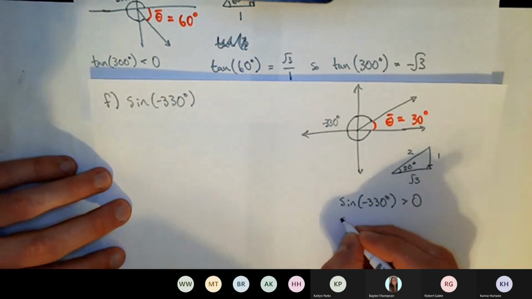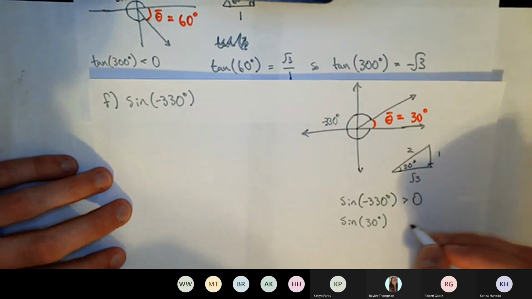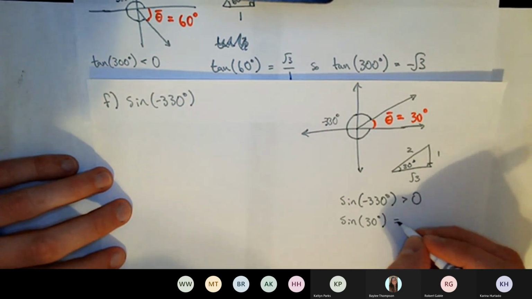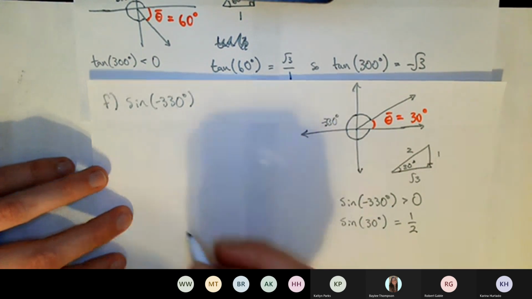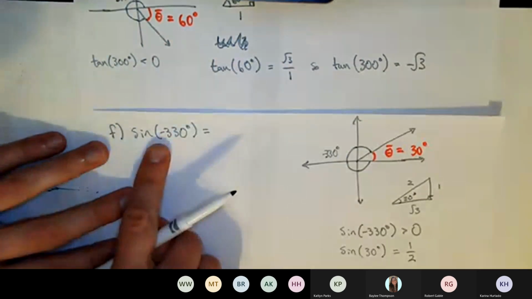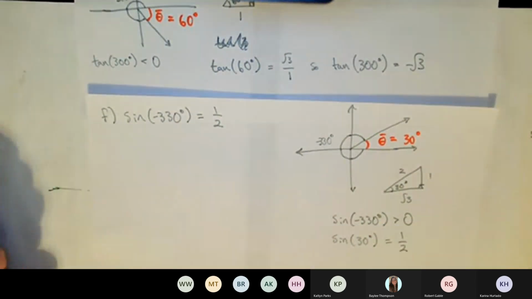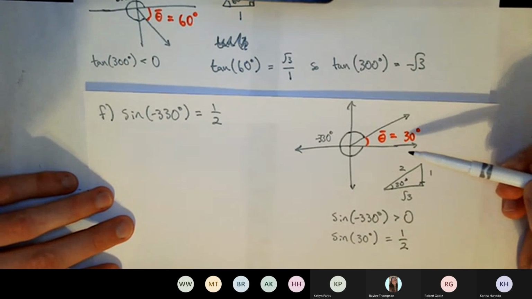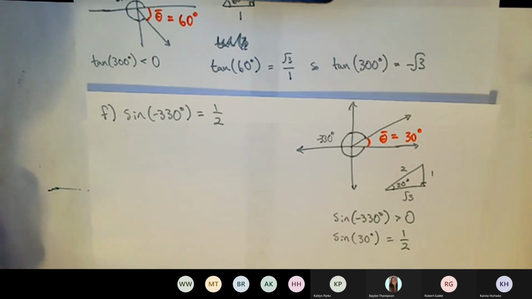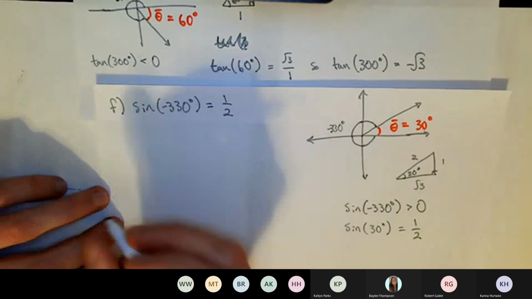And then sine of 30 degrees from my triangle is opposite over hypotenuse, 1/2. So sine of negative 330 degrees is positive 1/2. The sign doesn't change there because the sine function is positive in the first quadrant, which is where the original angle ended up. Okay.